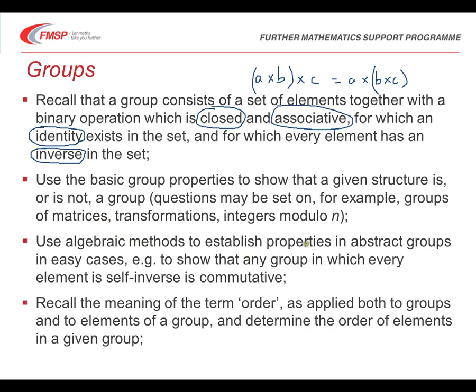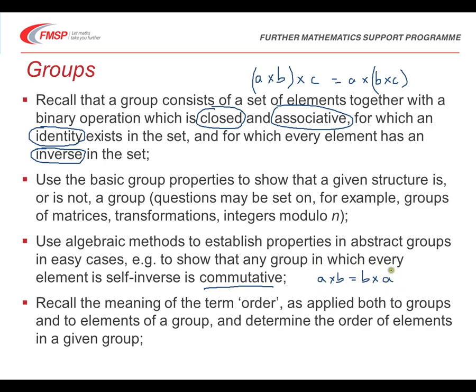Use standard algebra to establish properties within groups in easy cases. We'll have a look at this, and there's a mention here of the idea of commutativity. An operation in a group is commutative if A cross B equals B cross A. This doesn't have to hold for something to be a group.